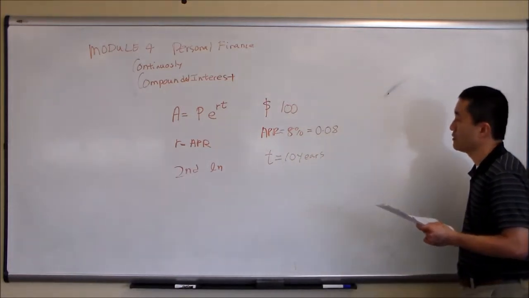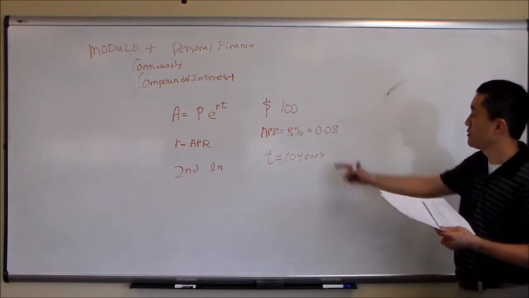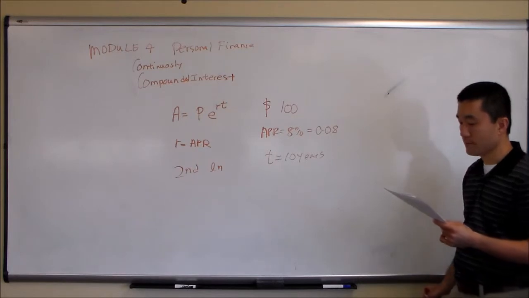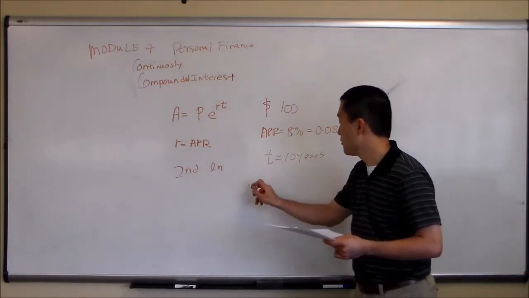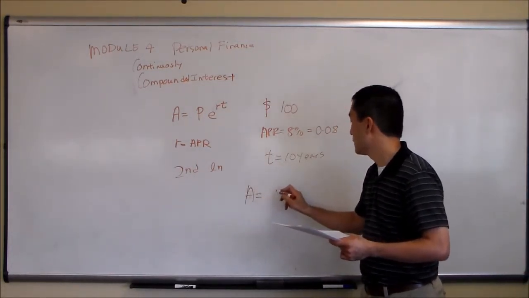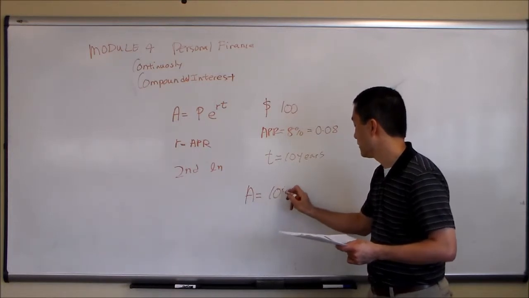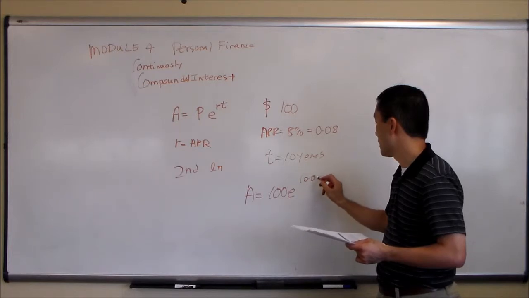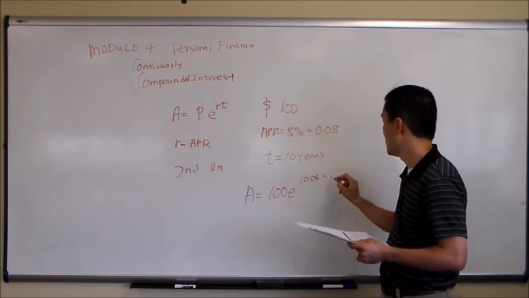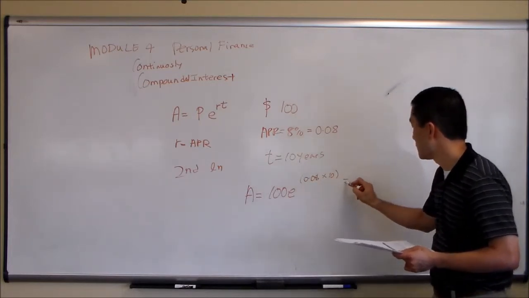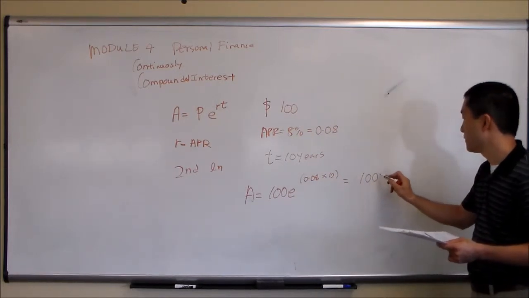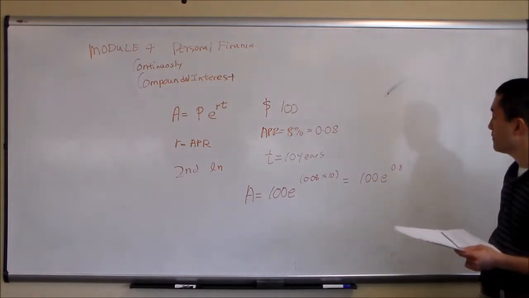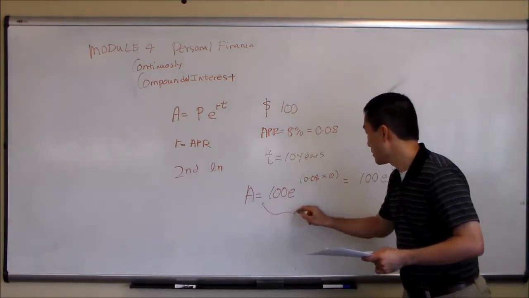If you deposit this in the bank account with these conditions, how much money would you have at the end of 10 years? So plug in the formula. Accumulated is 100 e raised to 0.08 times 10, which is the same as saying 100 e^0.8. Well, let's do this all at once in your calculator.